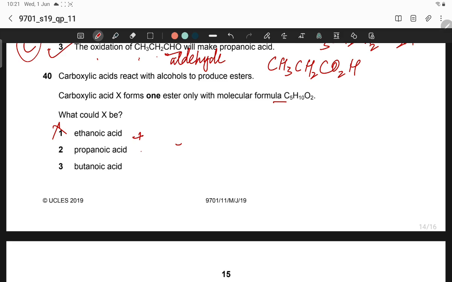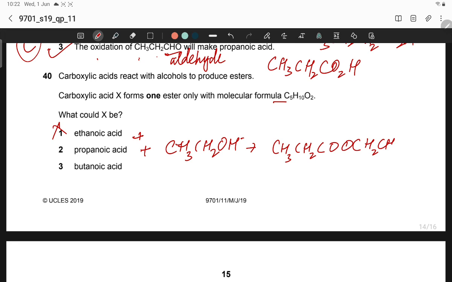Propanoic acid reacts with ethanol, CH3CH2OH. So CH3CH2COOCH2CH3 will be formed. Only one compound will be formed whose formula is C5H10O2.